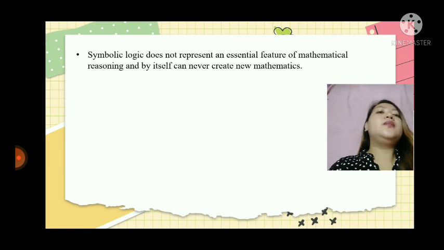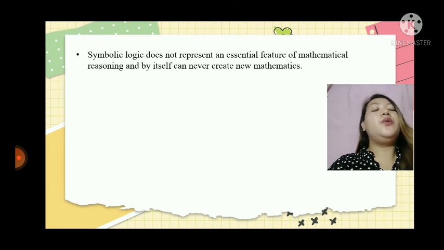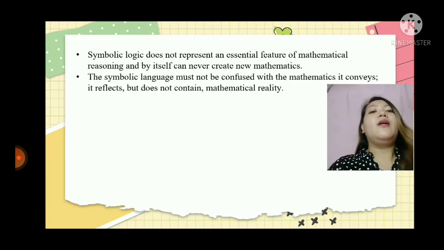Symbolic logic does not represent an essential feature of mathematical reasoning, and by itself can never create any mathematics. The symbolic language must not be confused with the mathematics it conveys; it reflects but does not contain mathematical reality.